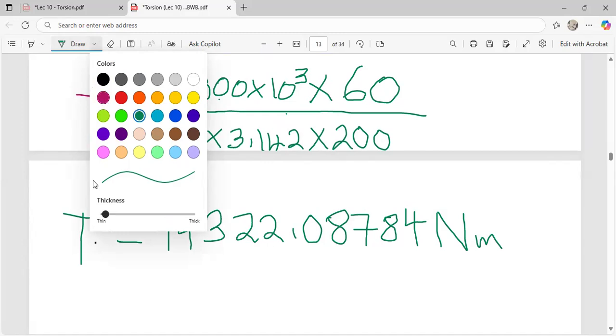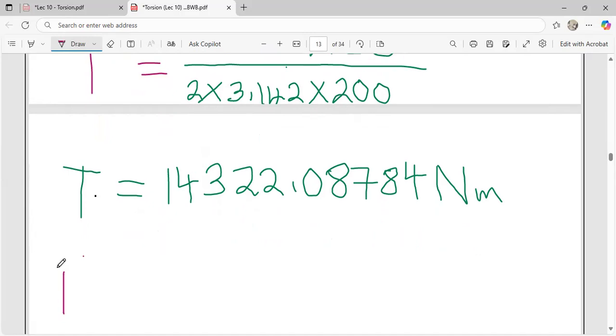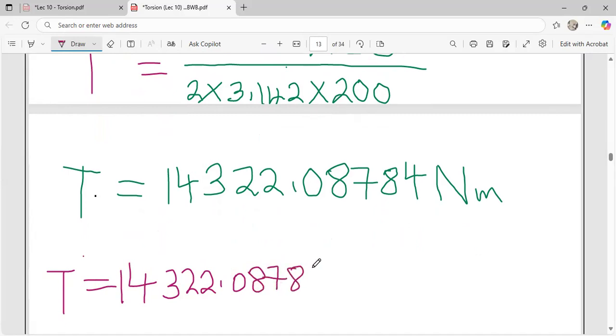So that is going to make our final answer T to be equal to what? 142.08784 times 1000. 1000 is the same as 10 exponent 3 Newton what?